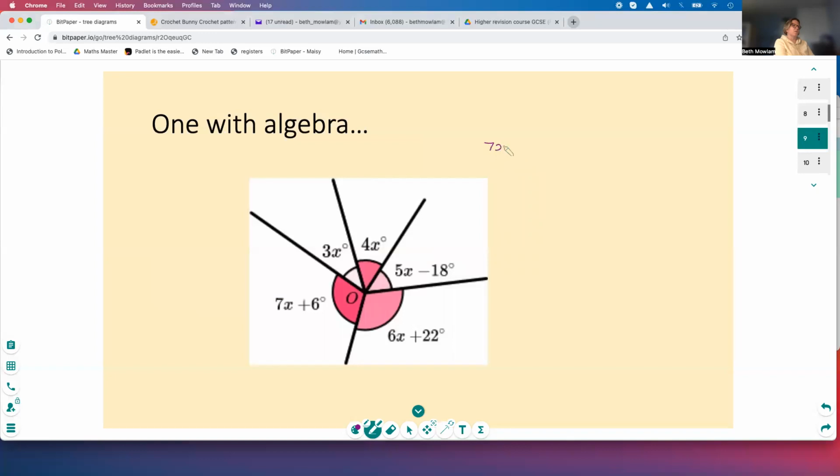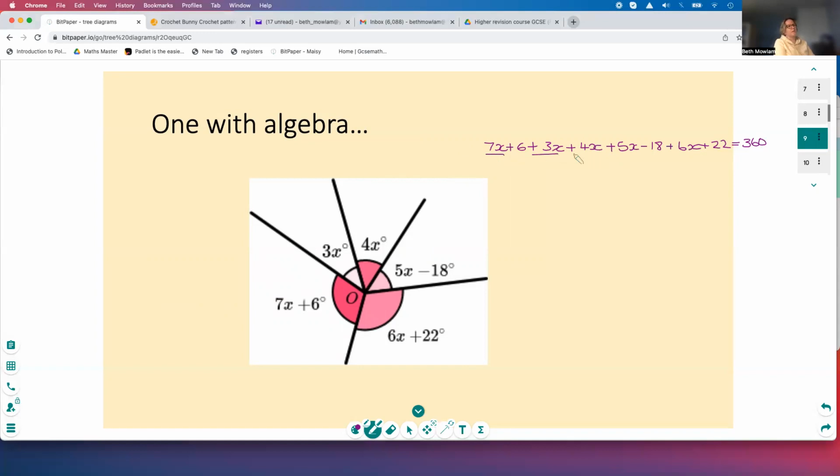Remember, you don't have to do anything with them except write them out added up together to start with. So I'm working my way around the circle there. So I've got all of them. That equals, because I know angles around a point, 360 degrees. 1 mark scored.